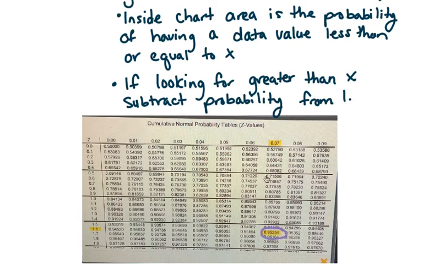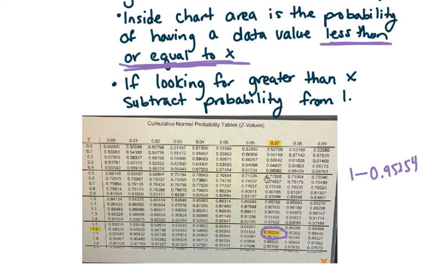Inside the chart is your probability. But this is important: it's the probability that the data value is less than or equal to x. So less than or equal is important. If I wanted to know the probability of it being more than that, I would have to do 1 minus my probability, which is 0.95254, and then figure that out.